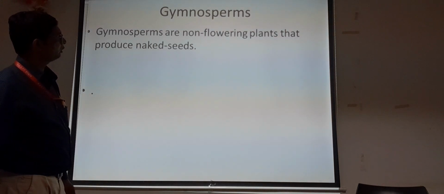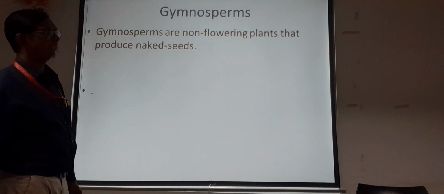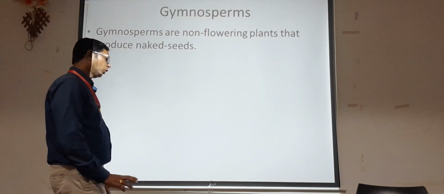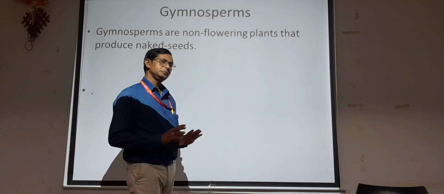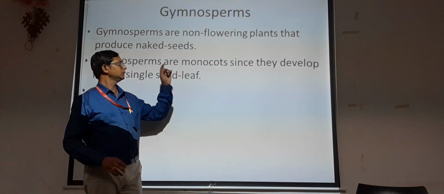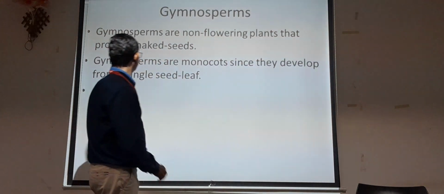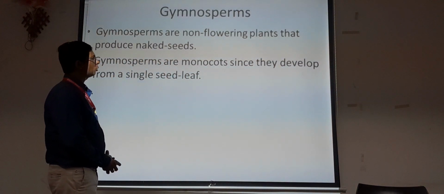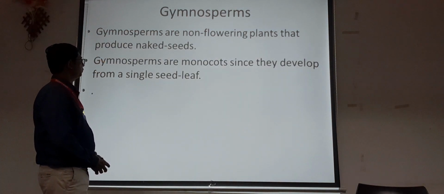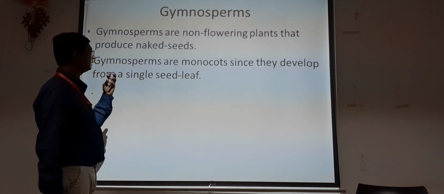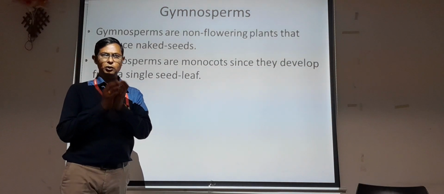Gymnosperms are non-flowering plants that produce naked seed. So they are seed bearing plants, but the seeds are naked, meaning we can see the seed with our eyes. Gymnosperms are monopods since they develop from a single seed leaf, or cotyledon.